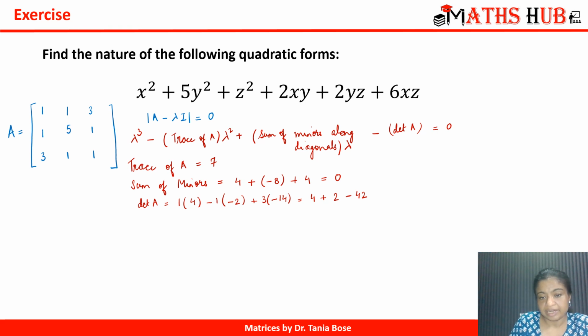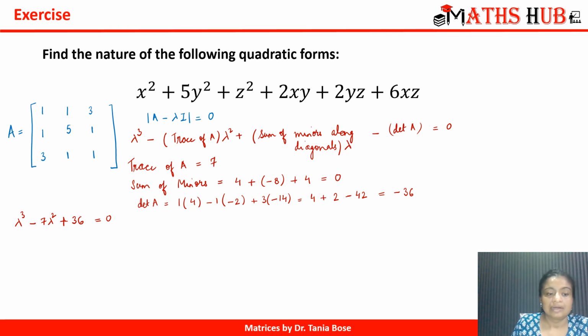So how much will I get? I will get minus 36. Clear? So the characteristic equation becomes lambda cube minus 7 lambda square. Sum of minors is 0, so this term will become 0 and I'll get a plus 36 here because I already have a minus sign. This is equal to 0.